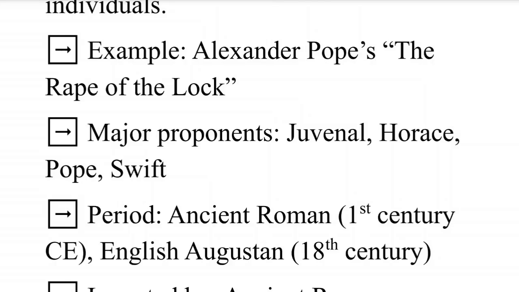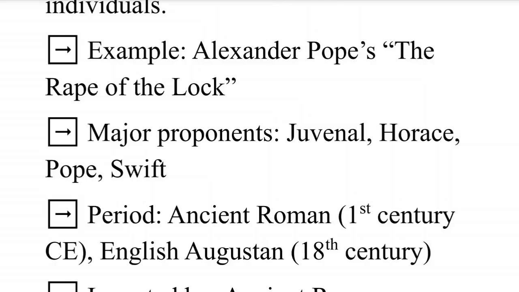And when it comes to period, ancient Roman period, during the 1st century CE, it was introduced and it was popular. But in English literature, during the Augustan period, that is the 18th century, the poets imitated the writers of the Augustan period in Roman literature.